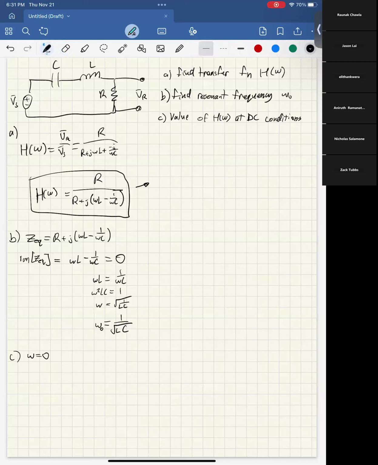Let's see. If I were here and then I multiplied by omega C, what we'd have is R omega C over R omega C. You wouldn't be given something like that. It seems too messy.